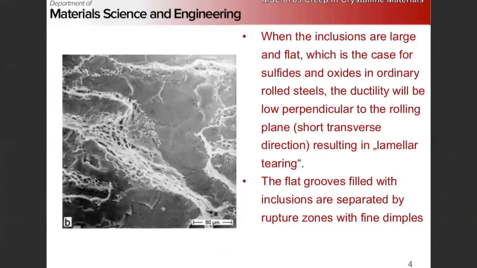So when the inclusions become larger, or your secondary phases become larger, the ductility becomes low perpendicular to the rolling plane, right? So why is that going to happen? Right? If I've got precipitates that are preferentially, like these sulfides and oxides that are preferentially on grain boundaries, what happens when we roll the sample? What happens to our grains?